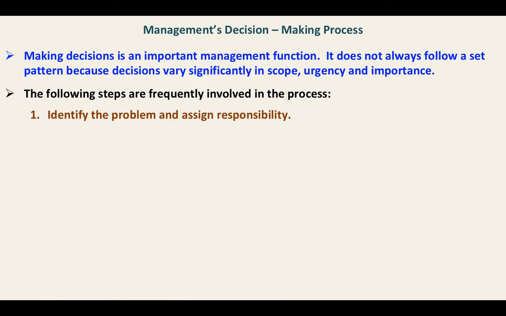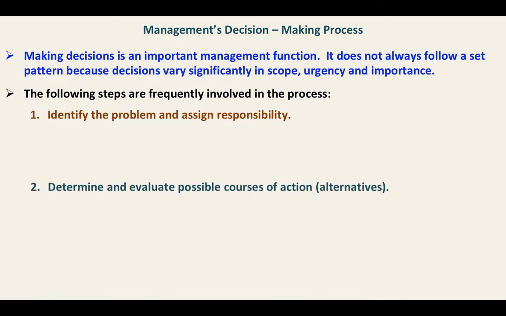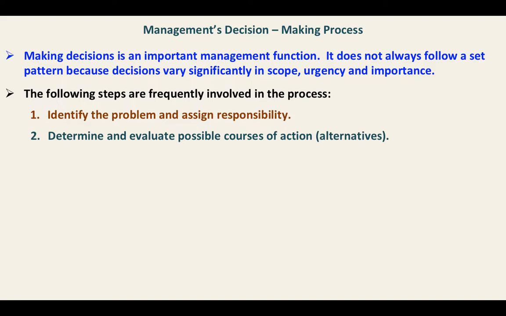The first one is we have to identify the problem and assign responsibility. When we speak of assigning responsibility, we have to identify the person who is responsible. Second, determine and evaluate possible courses of action.